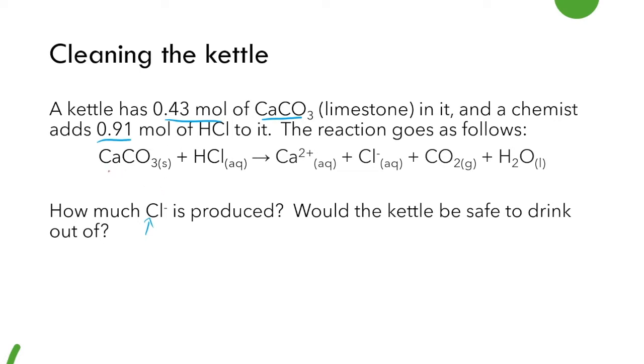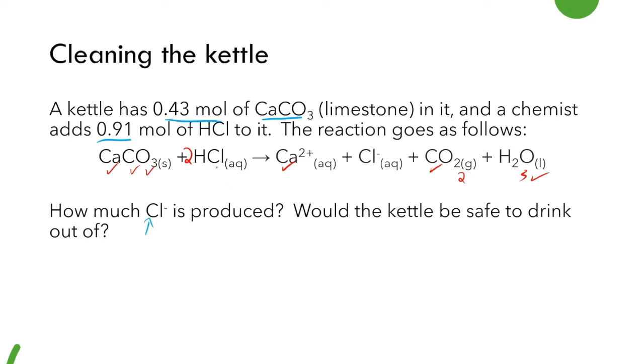Let's see. We have 1 calcium, so that's looking good. We have 1 carbon, 1 carbon. Oh, the carbonate, the CO3 got broken up, but that's fine probably. We have 3 oxygens on the left. We have 3 total oxygens on the right, so that's looking good. We have 1 hydrogen on the left, 2 hydrogens on the right, so we're going to need to multiply that by 2.